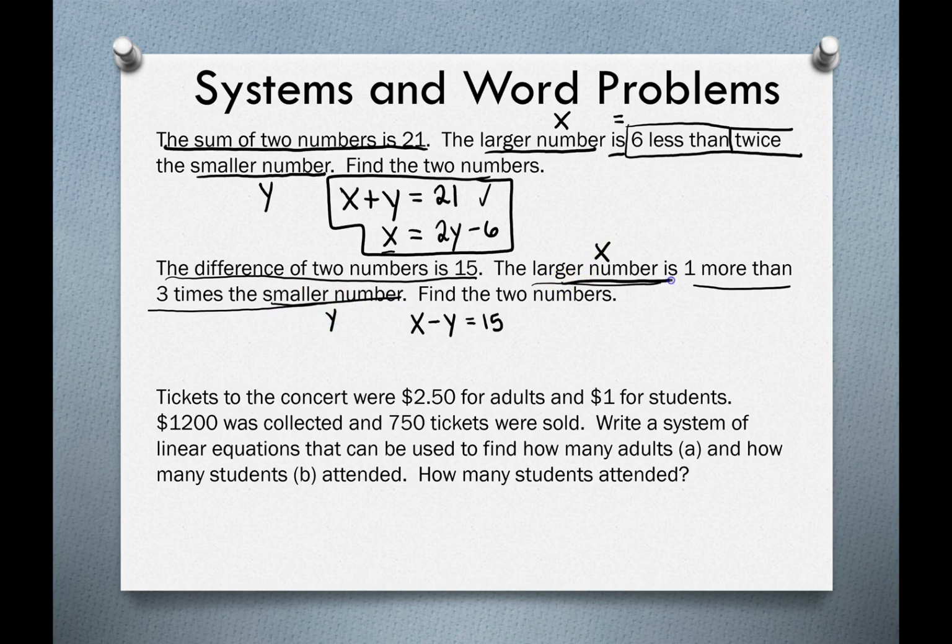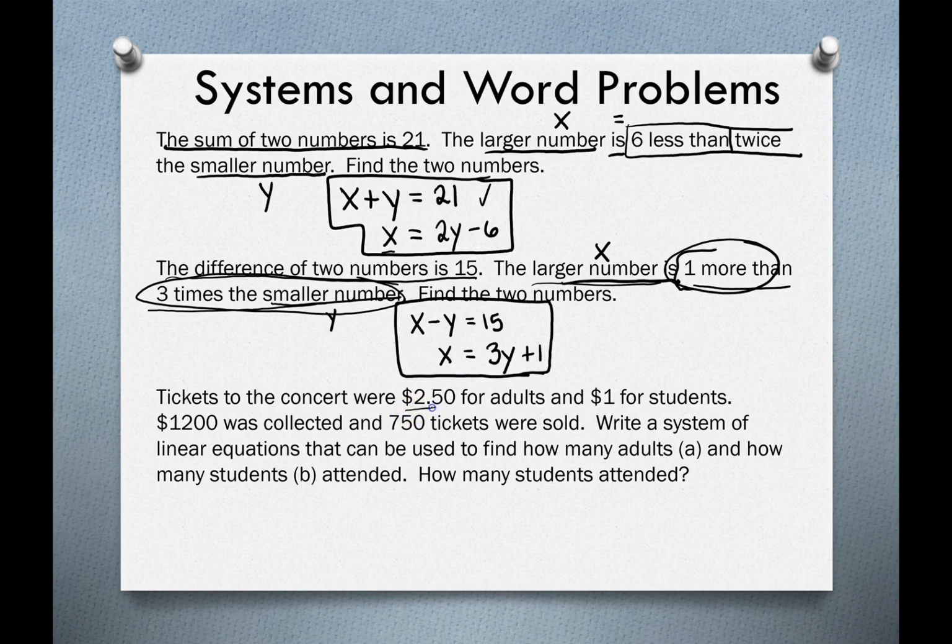So that's going to be x equals 1 more than 3 times the smaller number. Well, 3 times the smaller number will be 3y, and then 1 more is going to be plus 1. And again, I emphasize the fact that the 1 more or 5 less will always be after that multiplication. All right, it's going to get a little bit easier now.